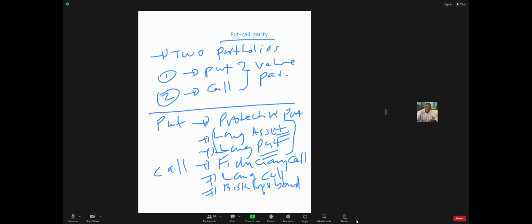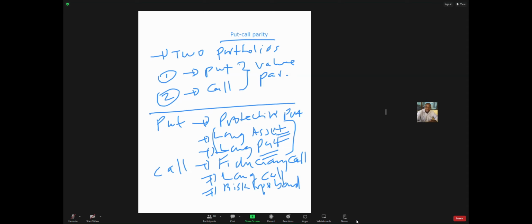So when it matures, money is released to exercise your right to buy. So that is the brief concept behind the protective put and fiduciary call.